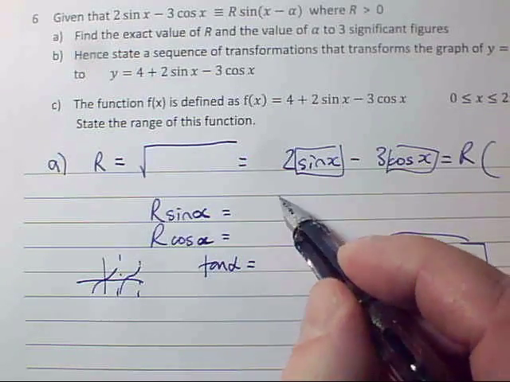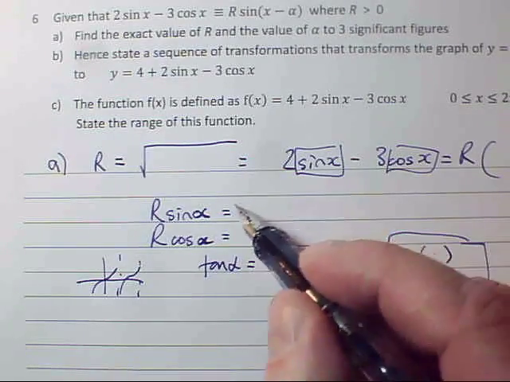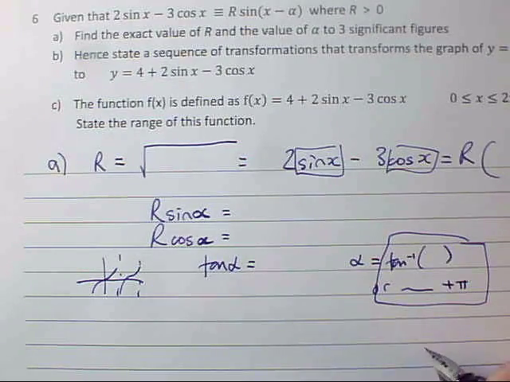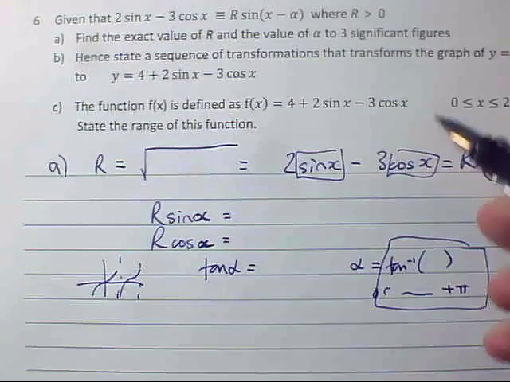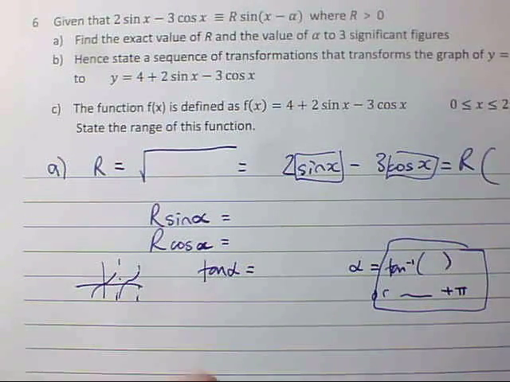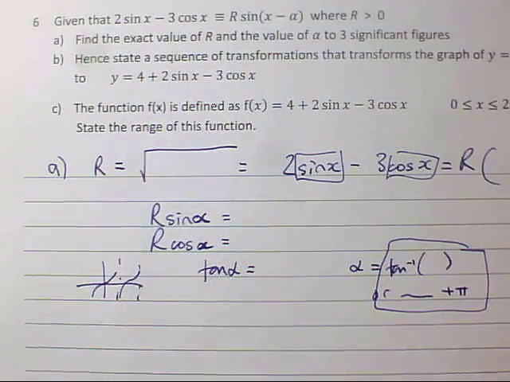You'll either be correct or correct but with the wrong sign. So if you get a minus when it should be a plus, or a plus when it should be a minus, then you know that you've chosen the wrong value of alpha and you need to swap to the other one. So if alpha is not guaranteed to be in a particular range, or it's not obviously acute, then you do need to consider this every time.